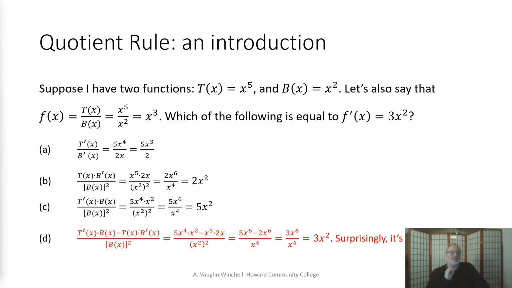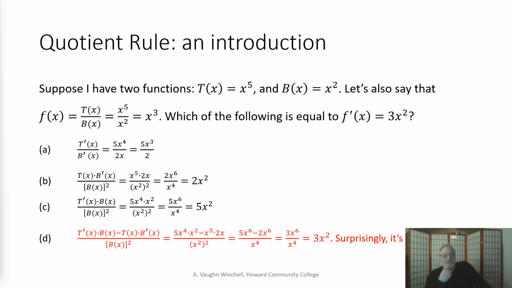Now, I was able to simplify this fraction, right? f of x is x fifth over x squared. That makes f of x x to the third. So I know that the derivative of x to the third should be 3x to the second. But I have some choices for how I might do a quotient rule if the fraction was hard to simplify.